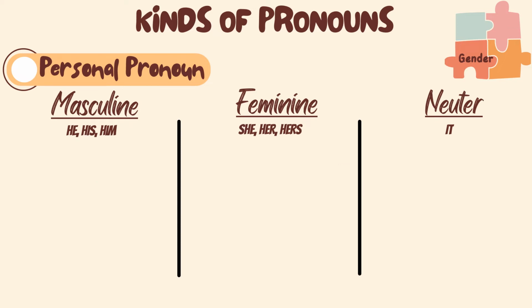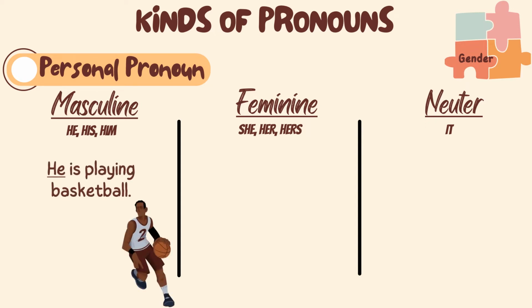Personal pronouns may take on various forms depending on its gender. It can be masculine, feminine, and neuter. Masculine pronouns are used for men or boys or mga lalaki. We can use the pronouns he, his, and him. For example, he is playing basketball.